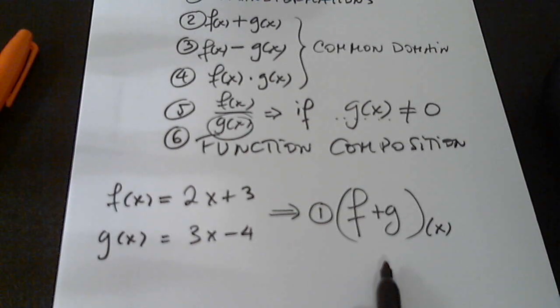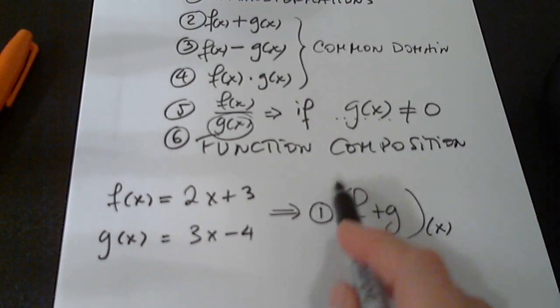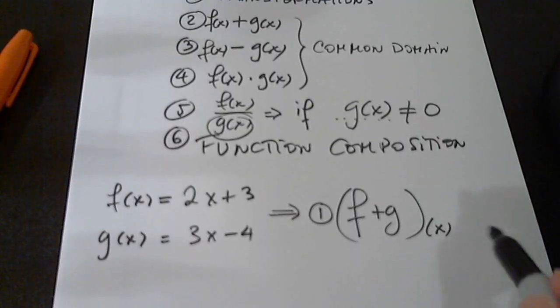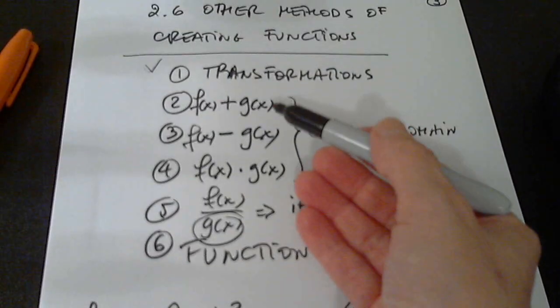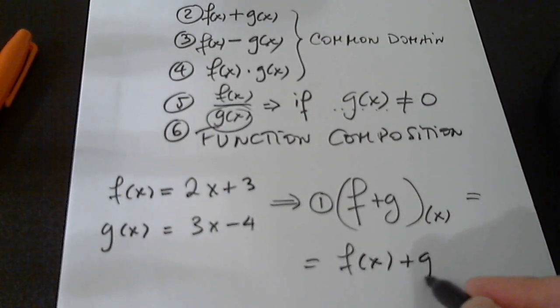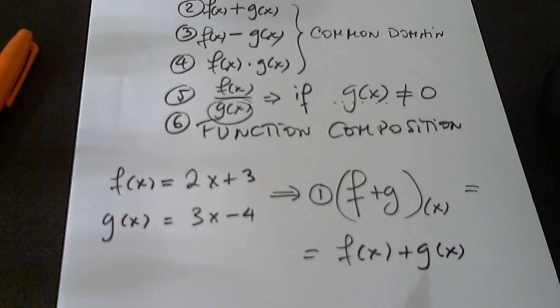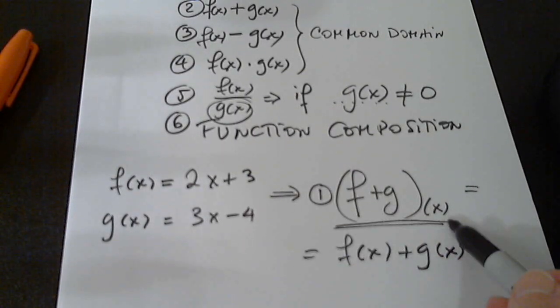This is the name. So when you see f plus g in parentheses of x, this actually means the sum, f of x plus g of x. I have 2 functions, and I want to create their sum.